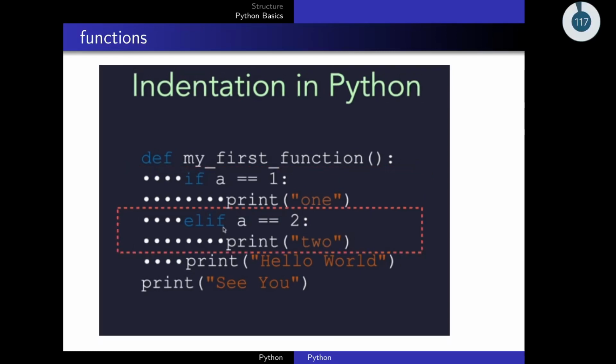Then this is the code block of the else, and this print 2 belongs to the else. This is outside because it's on the same level, not indented by 8, only 4. This is inside the function but outside of the if-else block. Then this see you is outside of everything, so it's outside of the function too.